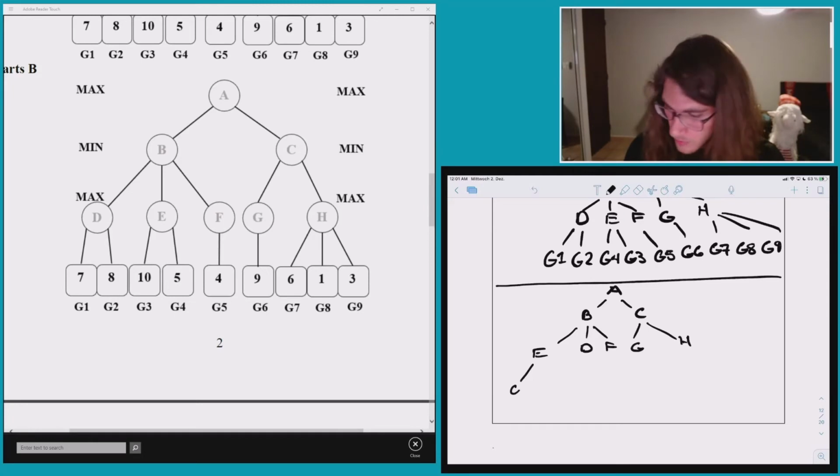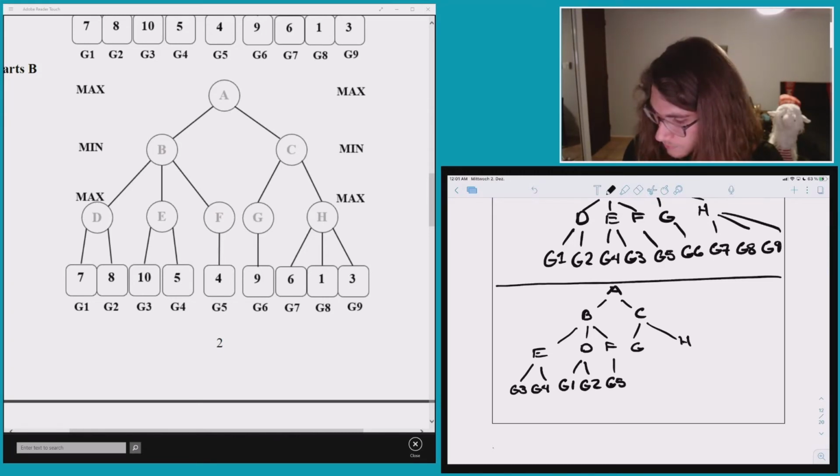So it would have been G3, G4, followed by G1, G2, G5, G6, G7, G8, G9.